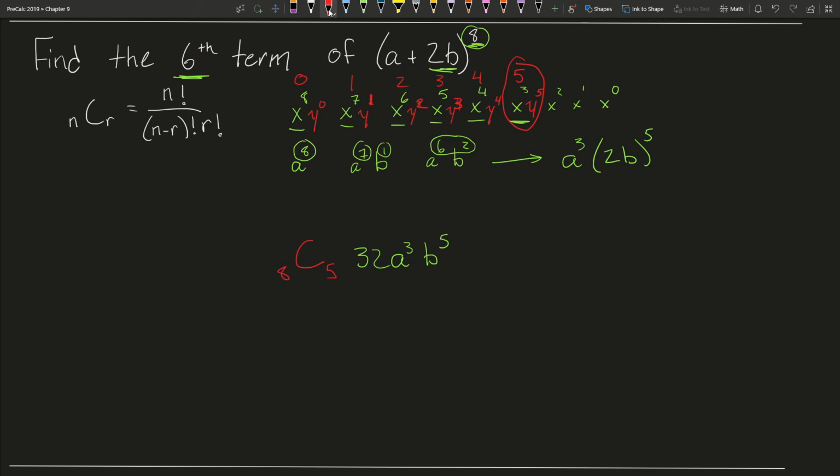Okay, so if we then plug that in, 8, choose 5, ends up being 8 factorial over 3 factorial, 5 factorial.